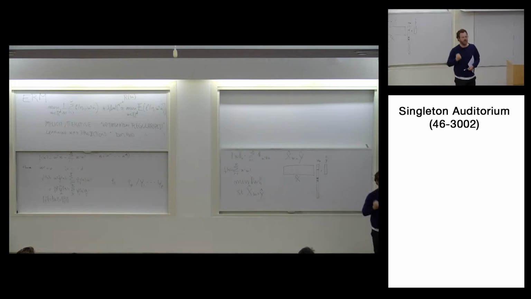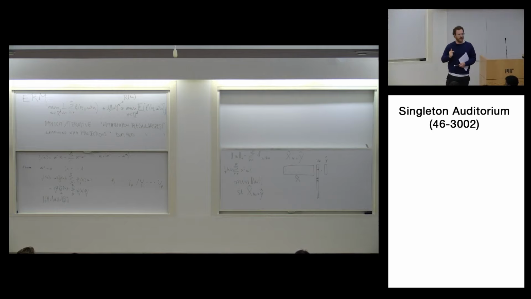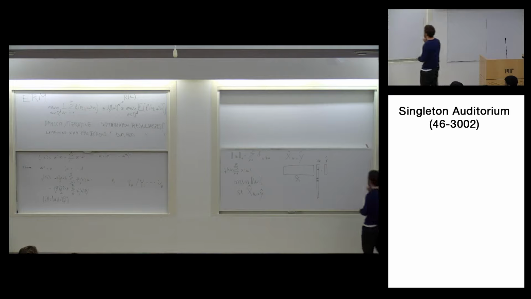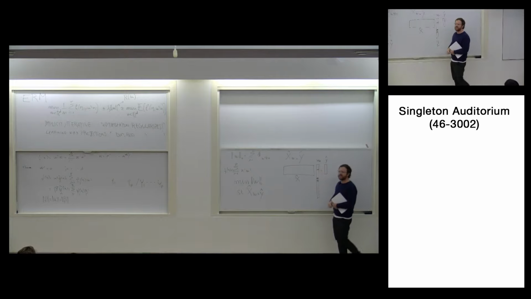You have many more equations than unknowns. Boom, you find it. Okay? The problem now is that you don't know where they are. Okay? So you have to somehow come up with a way to find them. Okay?